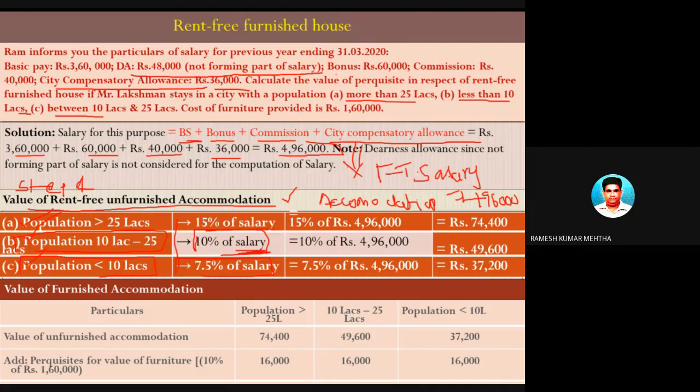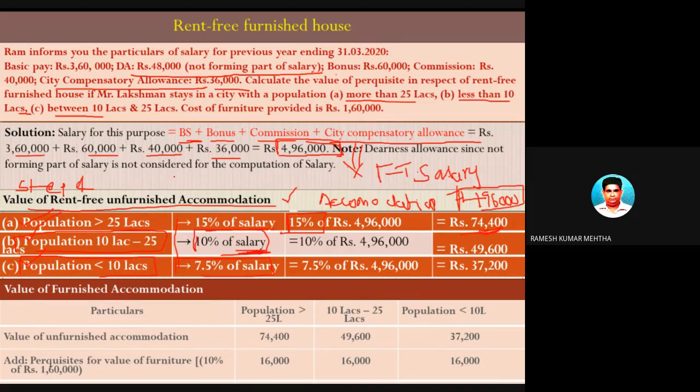When the population is greater than 25 lakhs, it is 15% of salary. Salary, which I have just calculated, is 4,96,000. So 4,96,000 into 15 percent is equal to 74,000.